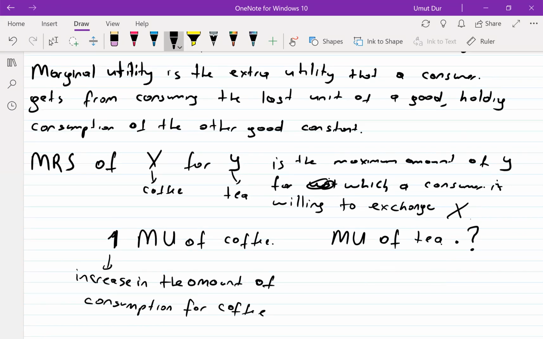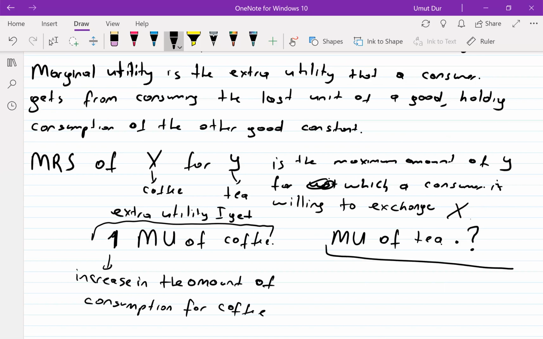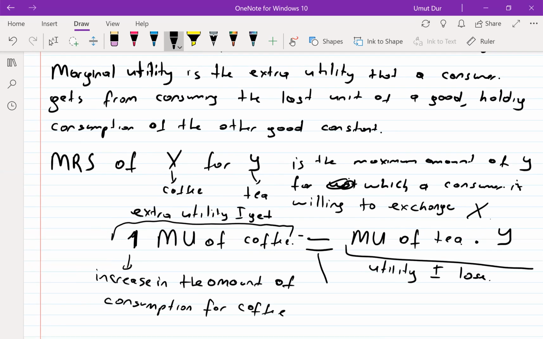The crucial point is that the extra utility I get from this increase should be equal to the utility I lose, since I stay on the same indifference curve.